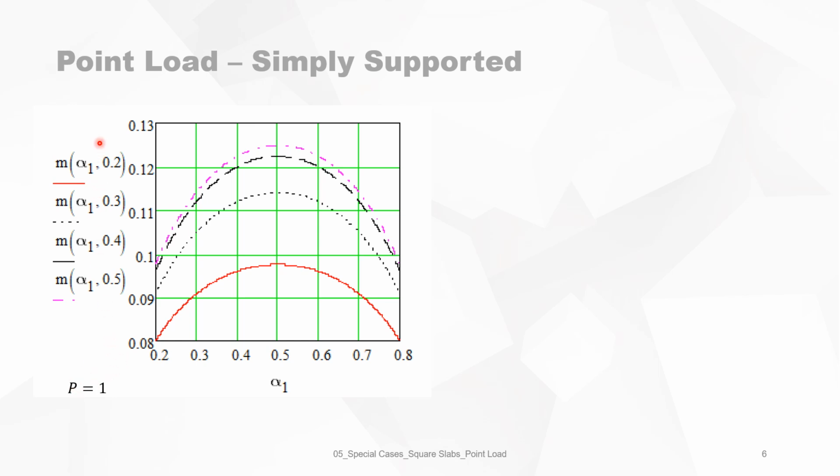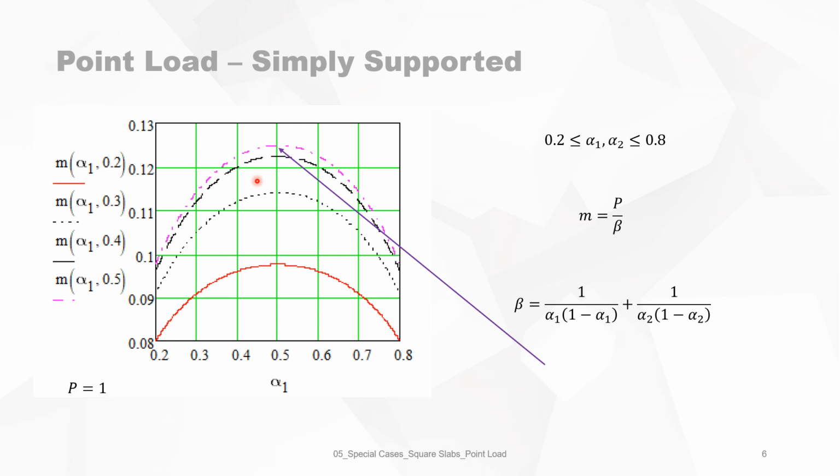I've shown 4 different curves for different relationships, for alpha 2 equals 0.2 to 0.5, and alpha 1 from 0.2 to 0.8. So we know that alpha 1 and alpha 2 must be situated between 0.2 and 0.8. The bending moment is given by the point load divided by beta, and beta is given by this nice expression.